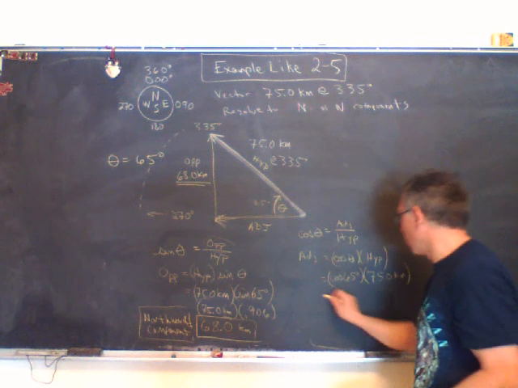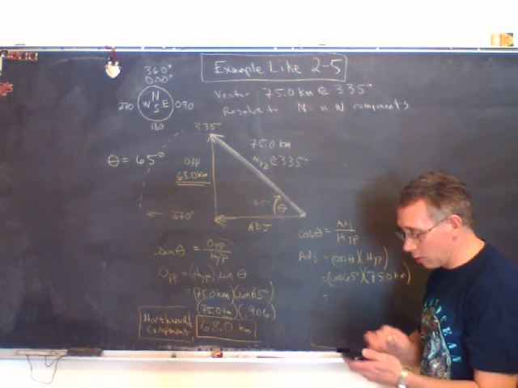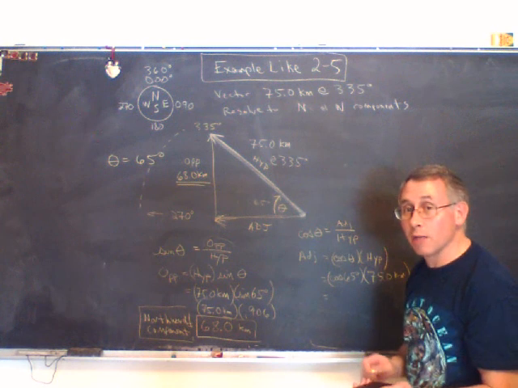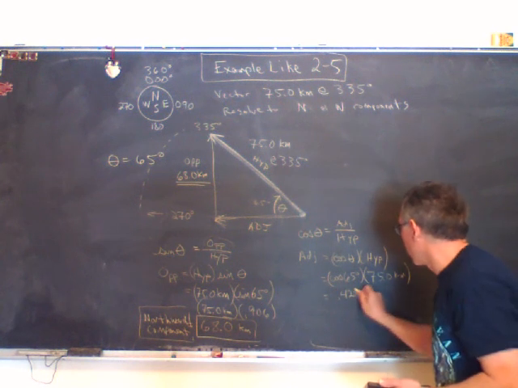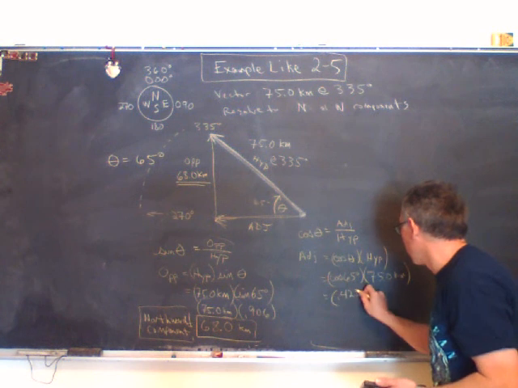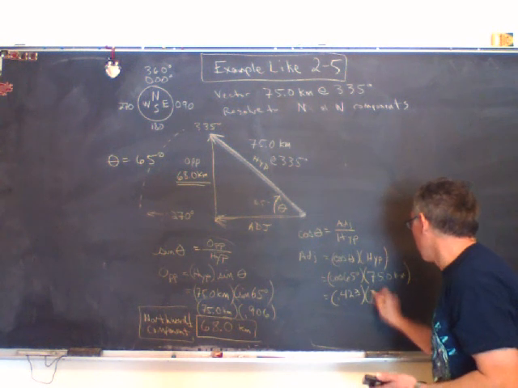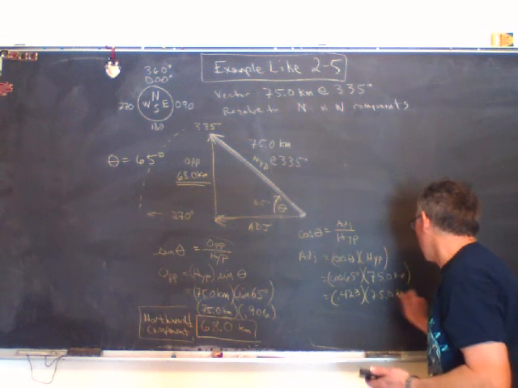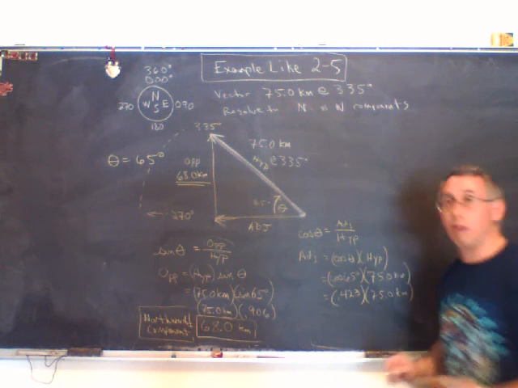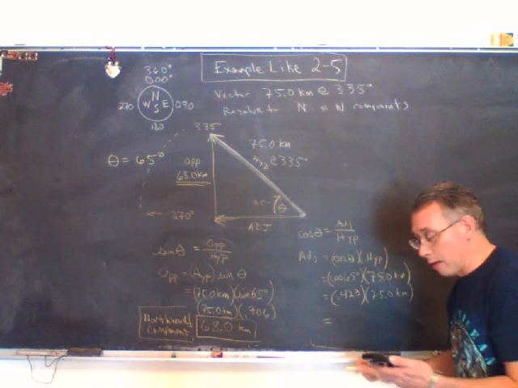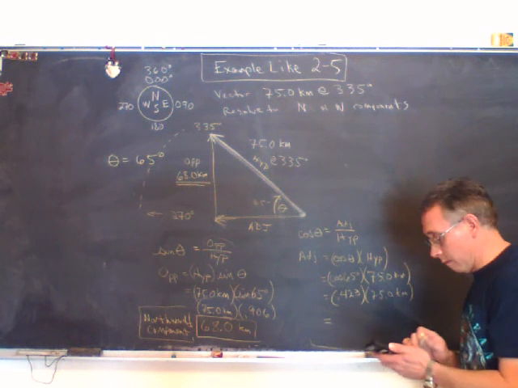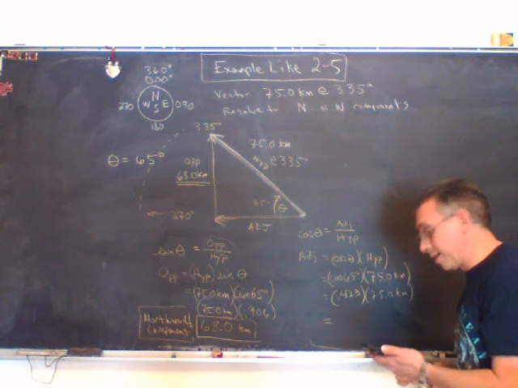If I put in cosine of 65, make sure you're in degree mode, I get 0.423 times 75.0 kilometers. Note how I keep the units all the way. You should do that too. I multiply that out and get 31.696.